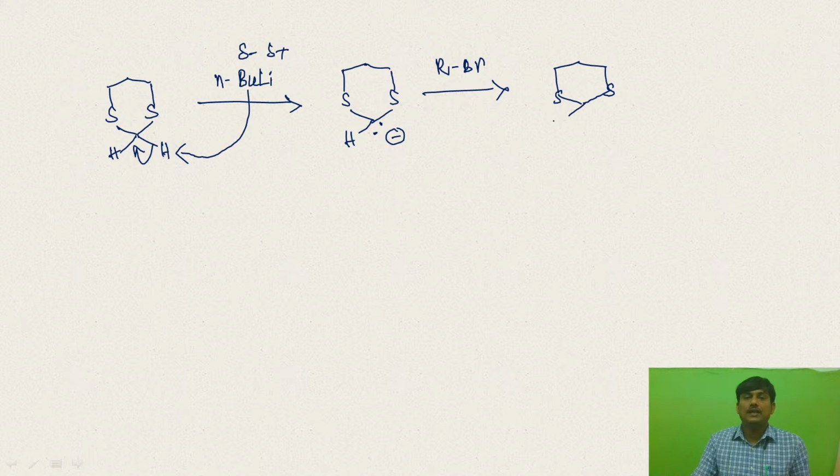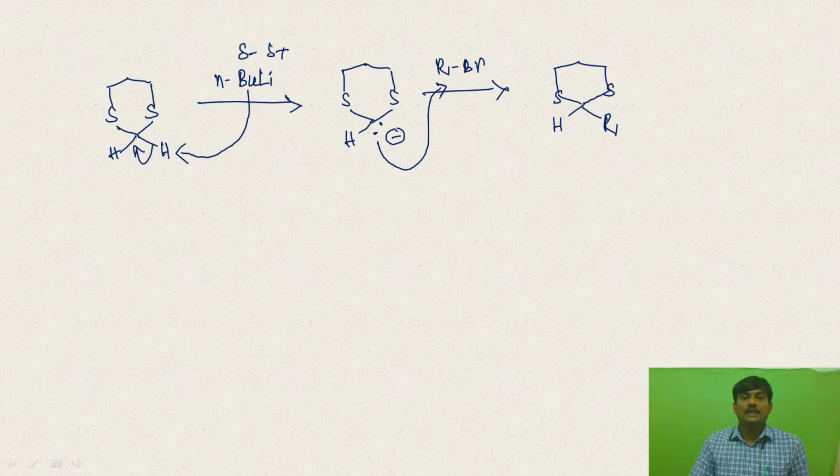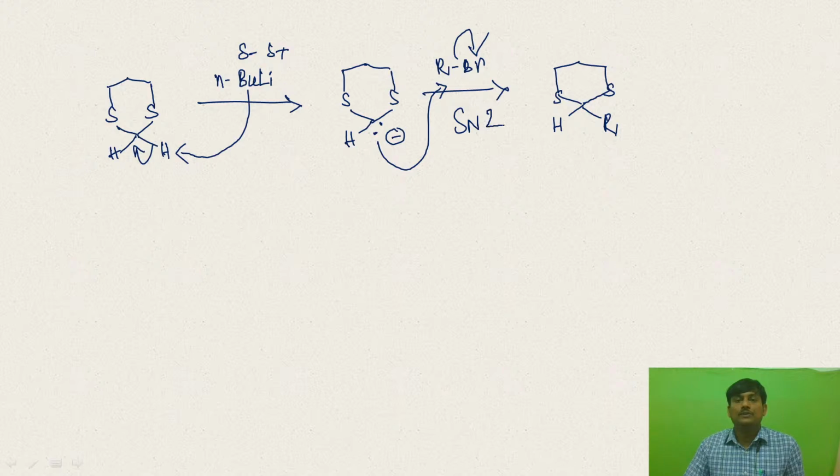This one is sulfur and hydrogen, and here there is a nucleophilic substitution reaction. This nucleophile attacks the alkyl group and there is a leaving of bromine. There is an SN2 type of nucleophilic substitution reaction, and there is a formation of monoalkyl substituted 1,3-dithiane.